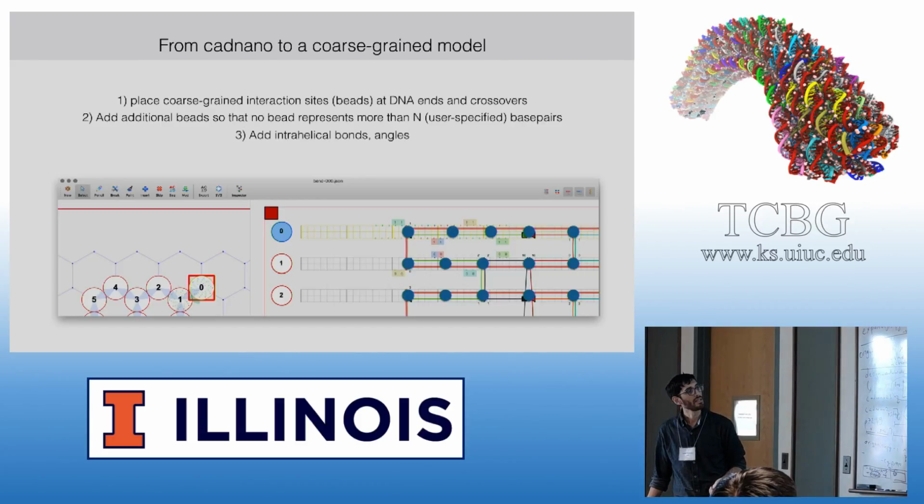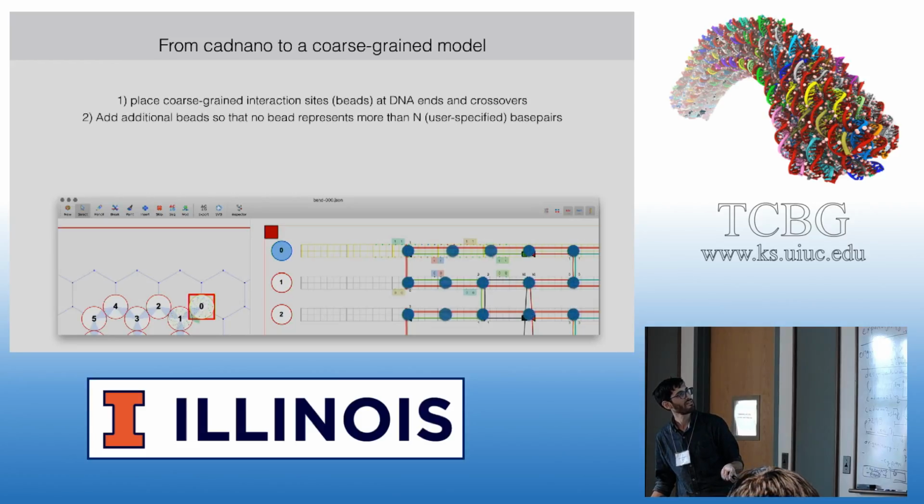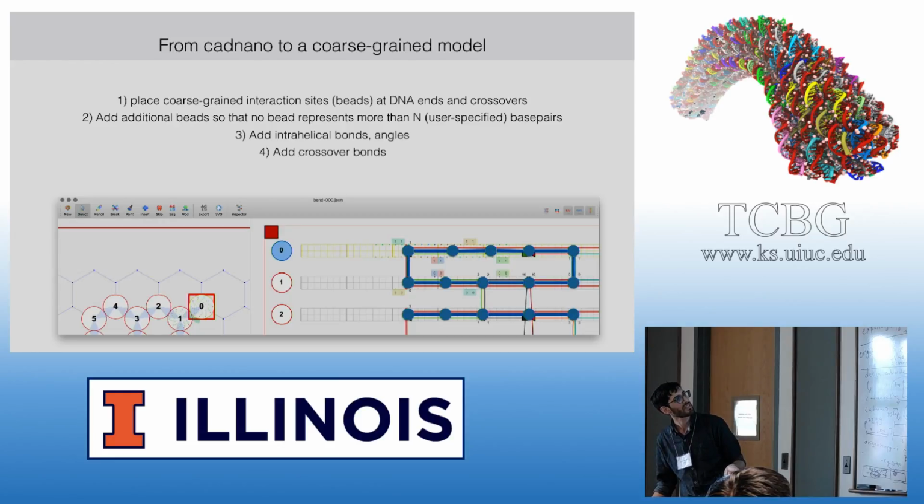And then we add intrahelical bonds. We add our crossover bonds. And we have also our crossover angle and dihedral terms that get added. So that's a quick summary of how we go from CADnano to our coarse-grained model.